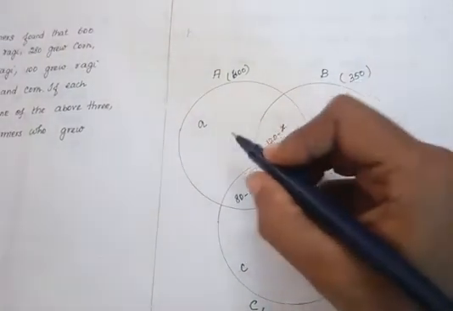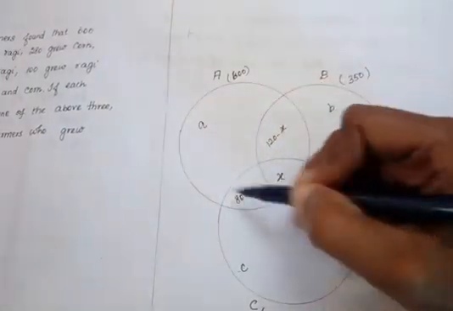Now we find small a. Here the total value is 600.